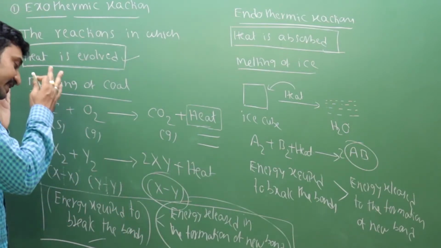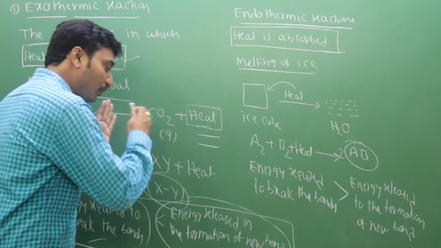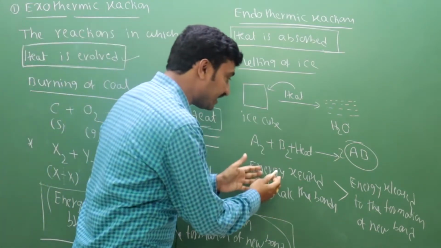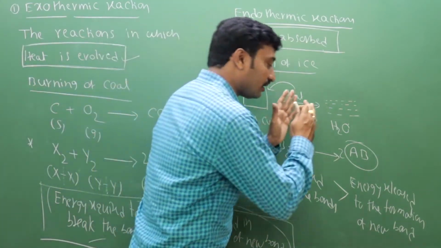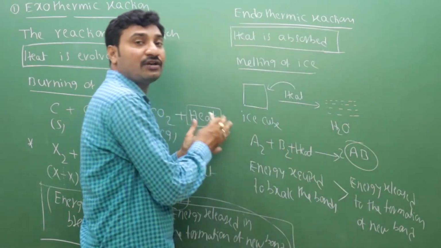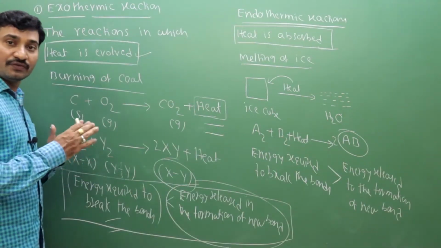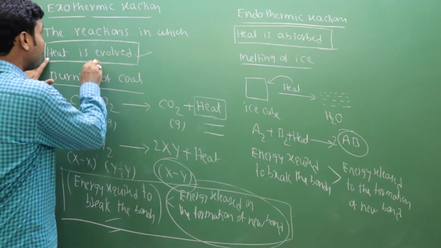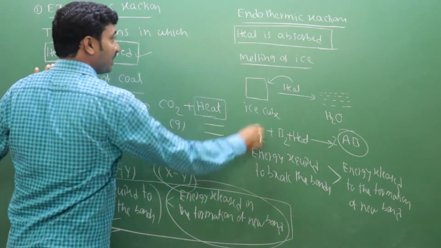So here it is reversed. If the reactants' energy is less than the products' energy, then it is exothermic. If the reactants' energy is greater than the products' energy, then it is an endothermic reaction. Simply we can say like this. Got it? Heat evolved, exothermic; heat absorbed, endothermic.